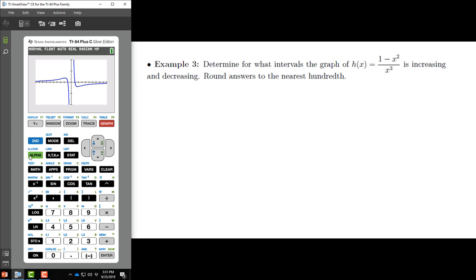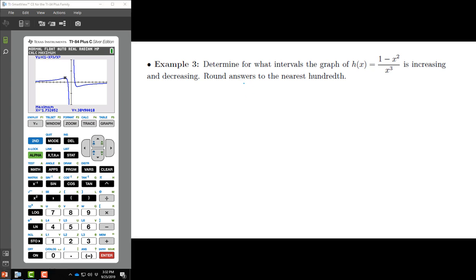All right, so let's find the min and the max first. My maximum over here on the left side, I just need to get to the left of it. Press enter to the left. Press enter somewhere to the right. Give it a guess. So it says -1.73.